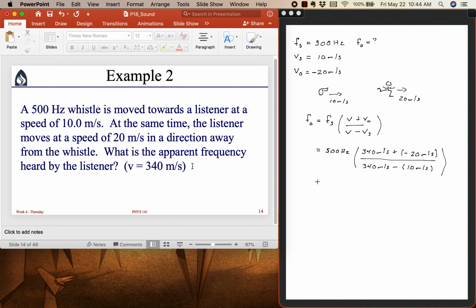Then the frequency that is heard by the observer is going to be equal to 485 hertz. So the observer will hear a lower pitch for the whistle than is being emitted by the whistle in its own rest frame, because overall the observer is moving away from the source. The 20 meters per second is bigger than the 10 meters per second.